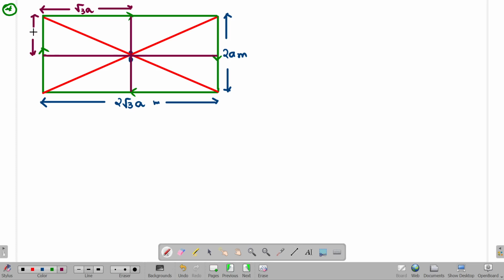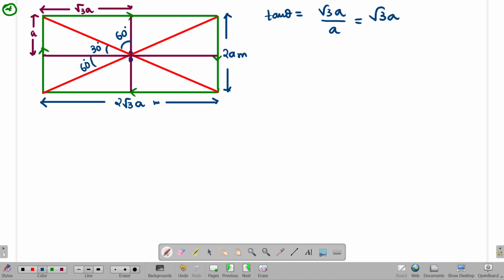So, if I consider this theta, perpendicular is root 3a and base is a. So, can I apply tan theta is equal to perpendicular by base? So tan theta is equal to root 3.